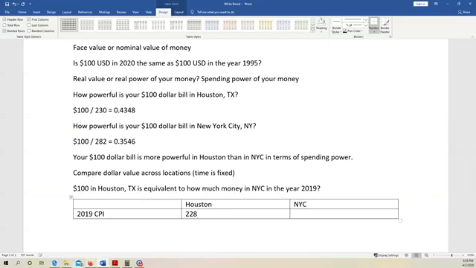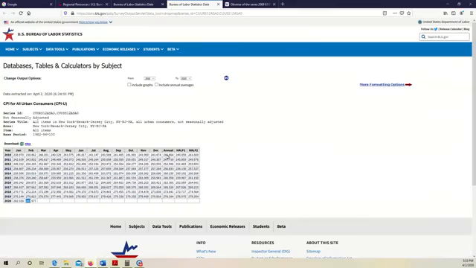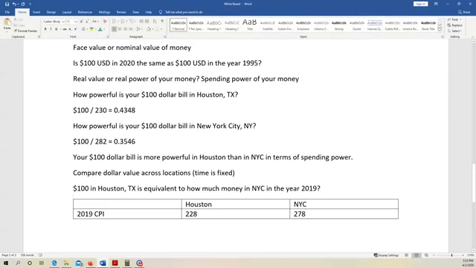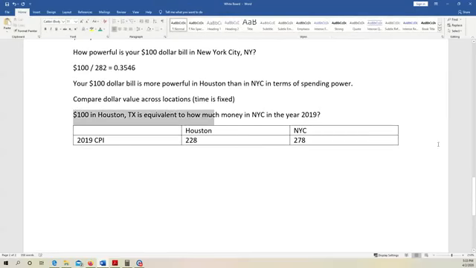How about New York City? This is New York City, right? The year 2019, and I'm looking at annual, 278. This number. Okay. So now we can figure out this question by using the Consumer Price Index.